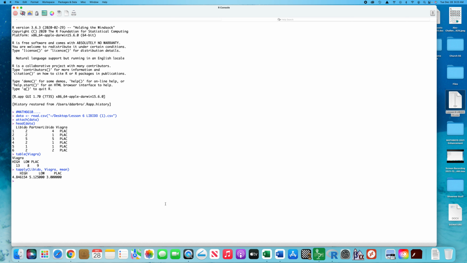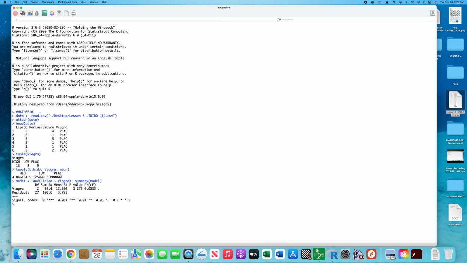So if you run your model, let's just run the base model here of libido and see how it relates to Viagra dose. We can see that we just kind of squeak in, if you will, as not statistically significant. 0.053 is very close to the threshold of 0.05, but nevertheless, we do not have a statistically significant difference in mean libido over Viagra dose.